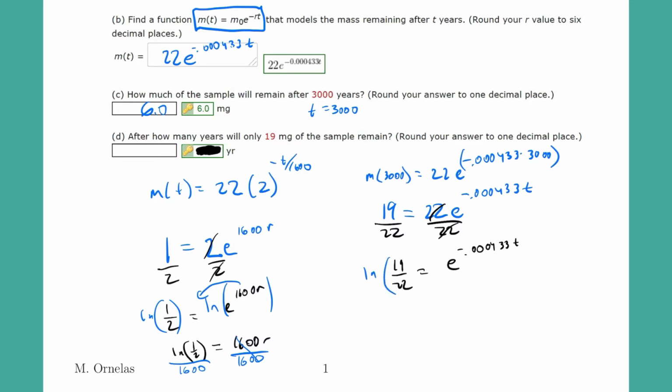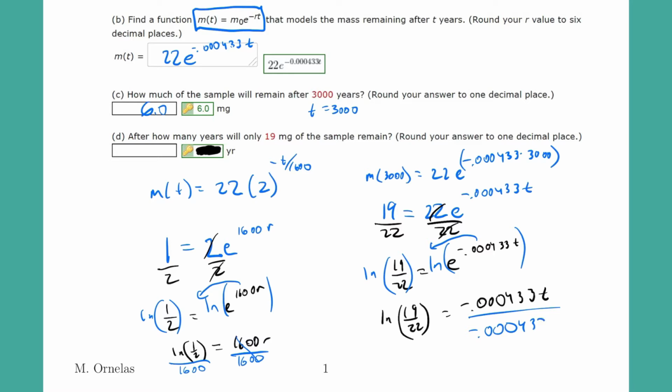Take the natural log of both sides. Bring down your exponent. Now we have natural log of 19 over 22 equals negative 0.000433 t, ln of e, which disappears. And now we just divide both sides by the decimal coefficient.